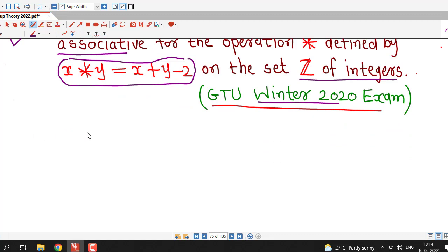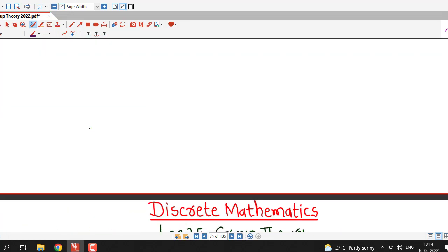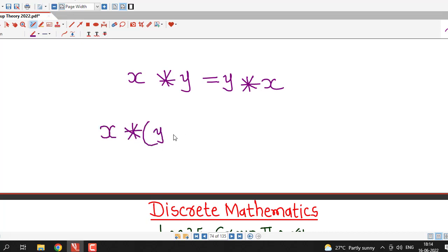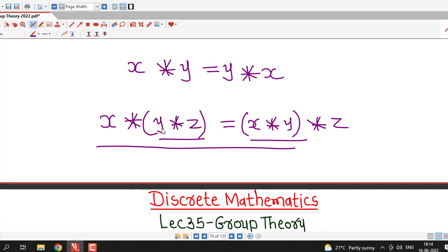We are already familiar with the definition of commutative and associative binary operation. We just recall that a binary operation is commutative if for any two elements in a given set x star y equal to y star x, and a binary operation is associative if we take any three elements, say x, y, z, then if we change the grouping, if we consider y star z in the bracket or x star y in the bracket, these two are always equal for any three elements x, y, z in a given set.